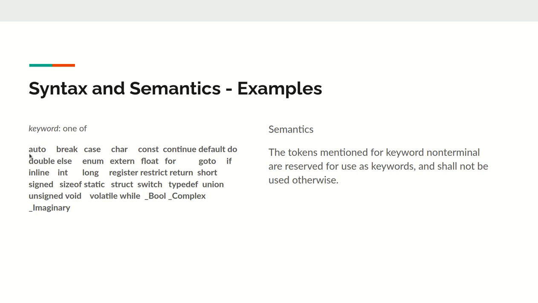So it should have auto, then it is considered as a keyword. Similarly, like break, it should come as break in the source file. So all these specific sequences of characters are identified as a keyword. So this is the semantics of it.